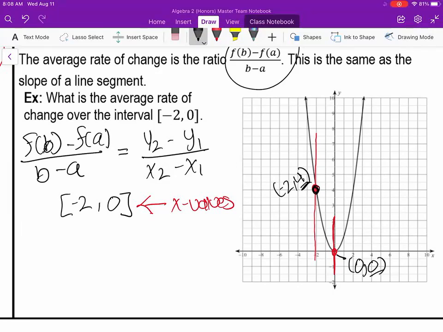Cool. Well, let's go ahead and plug in everything we need to know. And again, f of b and f of a are just basically your output values. That's how we write them in interval notation. All right. So let's plug them in. To follow the same formatting, this is going to be a, and this is going to be f of a, or basically x of 1, y of 1.